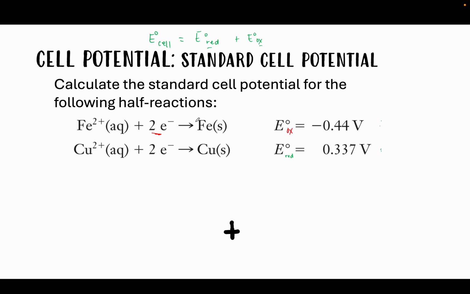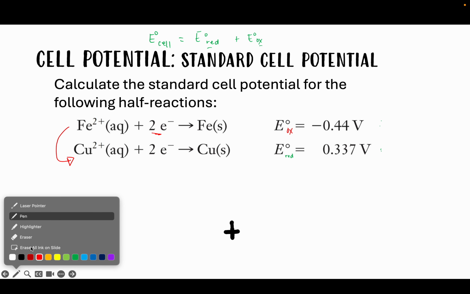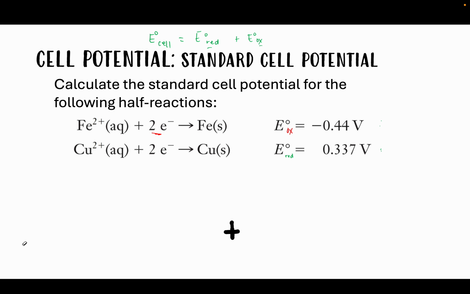So what we do is we switch. Let me just move this above. So in this case, this shall be iron solid forming iron 2 plus 2 electrons.